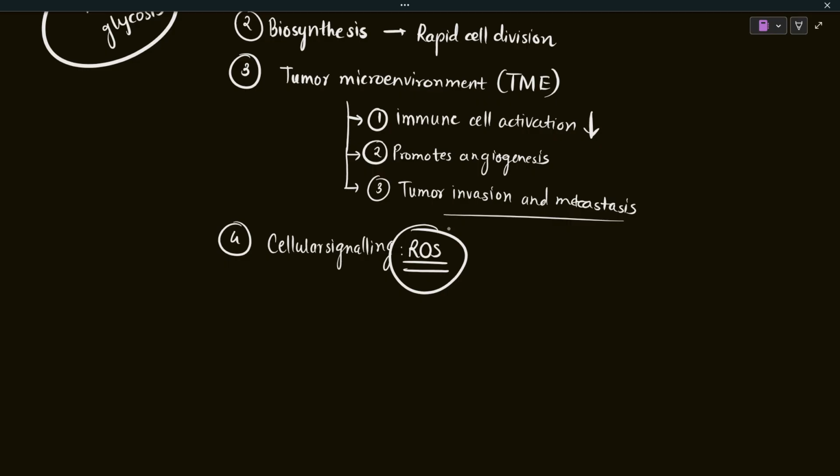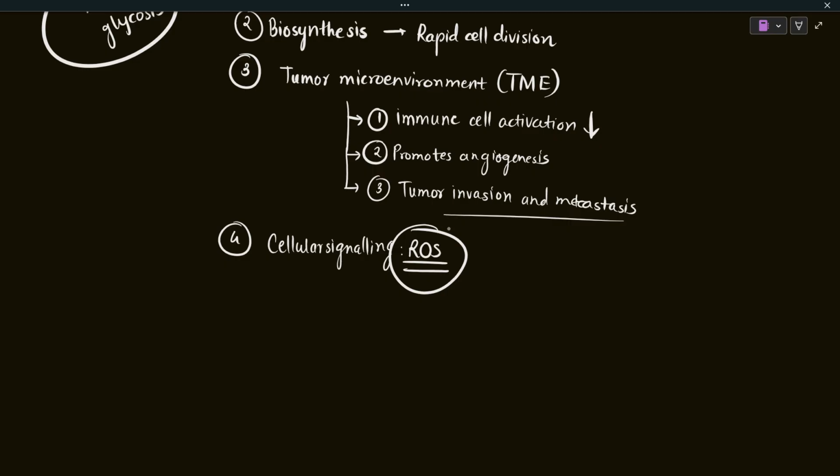There are multiple oncogenic regulators that have an effect on the Warburg effect. For example, MYC upregulates glycolytic enzymes such as HK2 and LDHA, and promotes glutamine metabolism. Then there is HIF1 alpha. This HIF1 alpha induces expression of glycolytic genes under hypoxia conditions, meaning whenever the oxygen level is low, and even under normoxia it induces the expression of glycolytic genes.